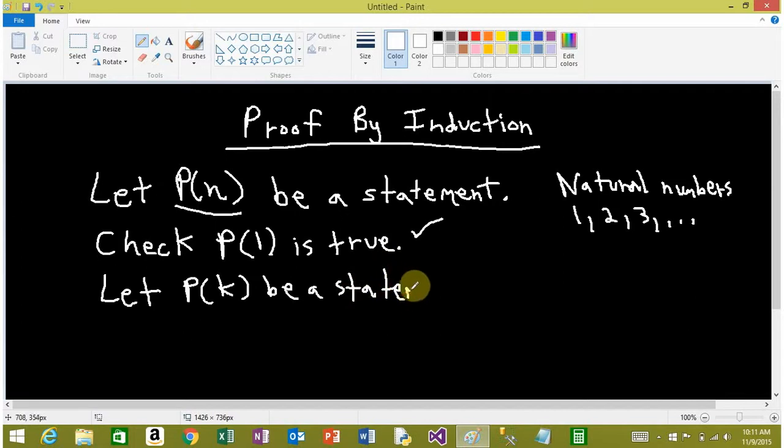We're just restating P of n, but using the variable k this time, also with the natural numbers. So we're using k in place of n, and then we're going to prove that if P of k is true, then P of k plus 1 is true.